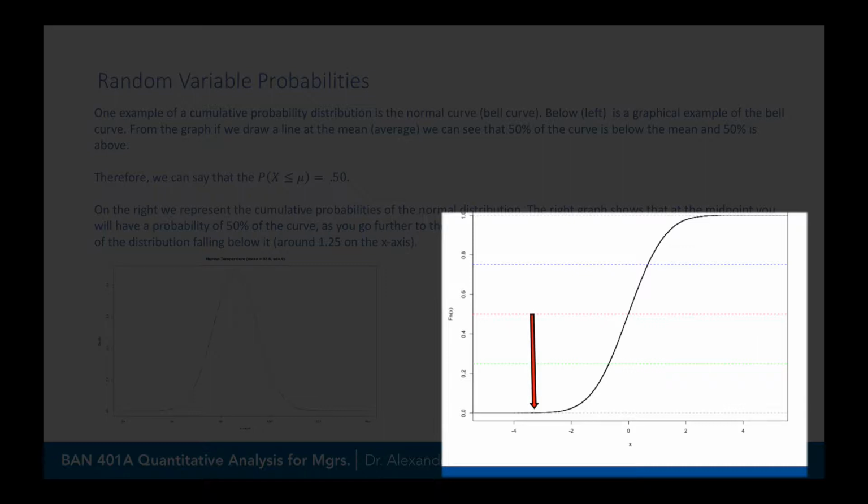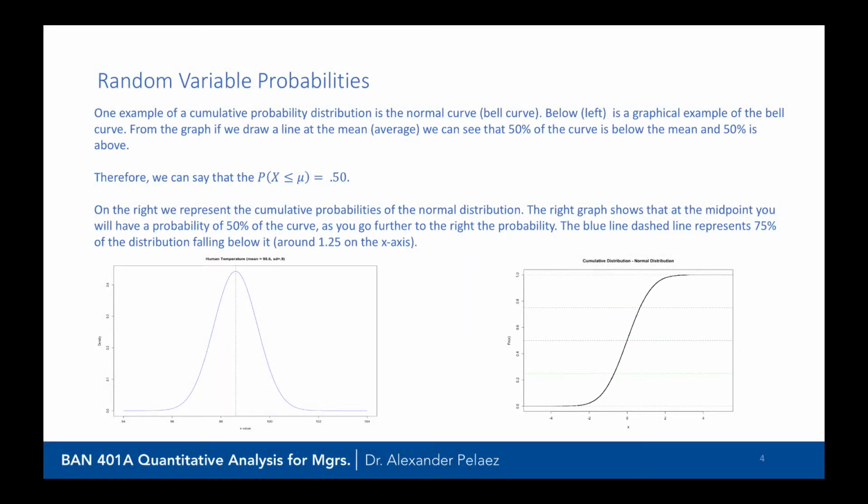And as we get closer and closer to a mean value, which in this case is denoted as 0, the red dashed line across represents the 0.50. 50% of the probability will lie to the left of the 0. As we continue to add more probabilities, the line will curve upward, and it will be asymptotic, tending to 1.0 at the very top, as we continue getting more data to the right. So this is how a cumulative distribution might look.